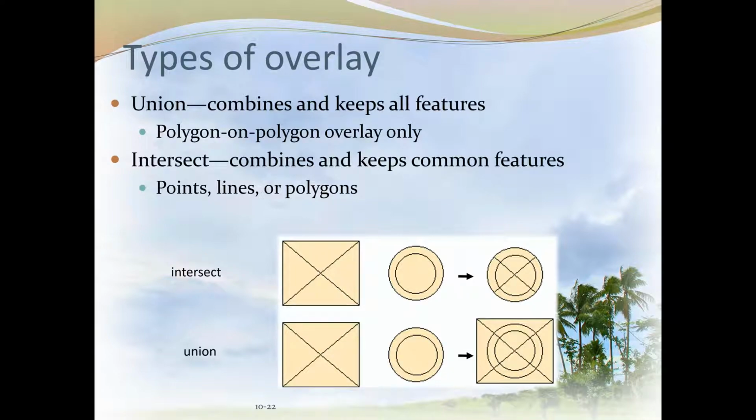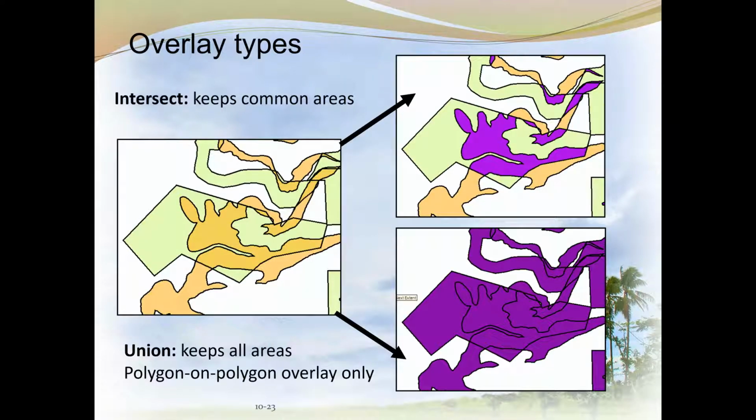Intersect also merges the attributes but retains only the areas common to both layers, and may be performed with points, lines, or polygons. At first it might be difficult to understand. We will break it down later and summarize it later. You will see this again. So for overlay, we keep the common areas.